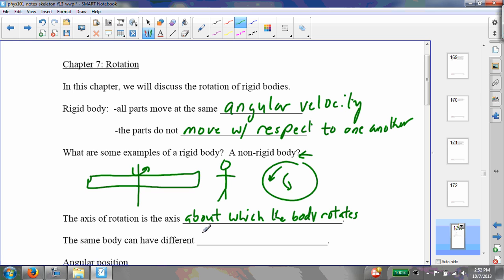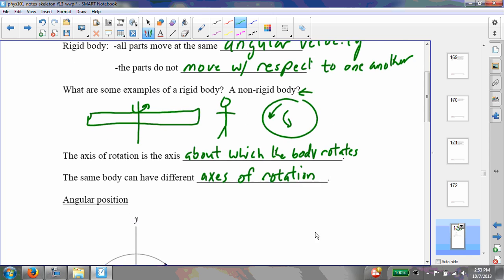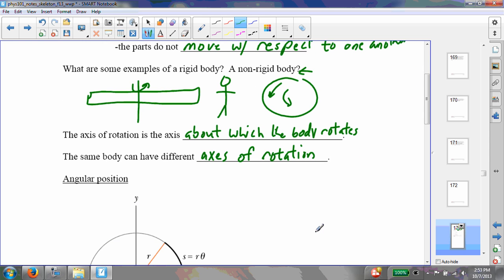And the same body can have many different axes of rotation. The human body is a great example of how you can change the axis of rotation, and that's going to mean a lot about how the motion is pursued. So for example, if I have a person, I can move about several axes.